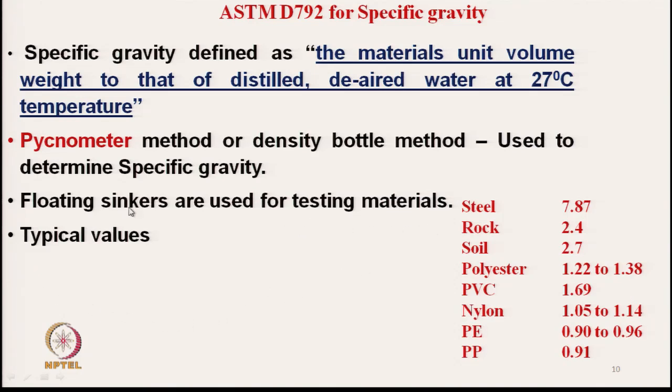These are the typical values of specific gravity for comparison: steel 7.87, rock 2.4, soil 2.7, polyester 1.22 to 1.38, PVC 1.69, nylon 1.05 to 1.14, polyethylene 0.902 to 0.96, polypropylene 0.91. So, we can test the specific gravity using the pycnometer method.